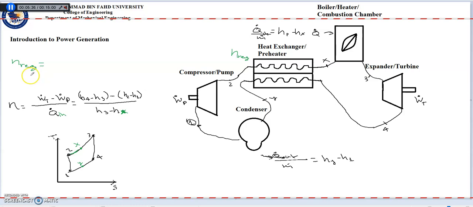So it's defined as the ratio of the actual enthalpy increase in the regenerator, so Hx minus H2, over the maximum theoretical enthalpy increase we could have, which will be H4 minus H2.